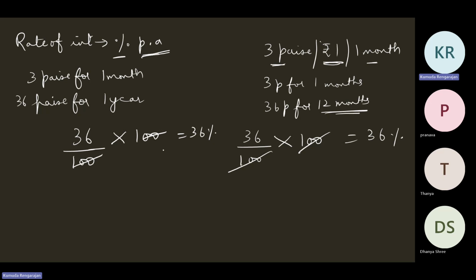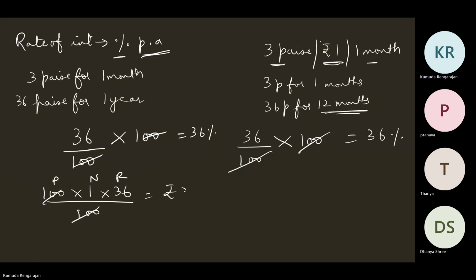The simple interest on rupees 100. There's a lot of English mistake. The simple interest on rupees 100 for 1 year at the rate of is 24. So they've calculated the simple interest. So principal is 100, time is 1 year, rate is 36%, by 100, PNR. It's 36 rupees, but they've given 24 rupees.